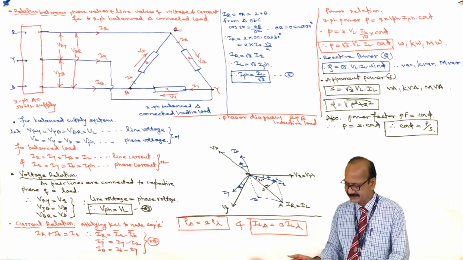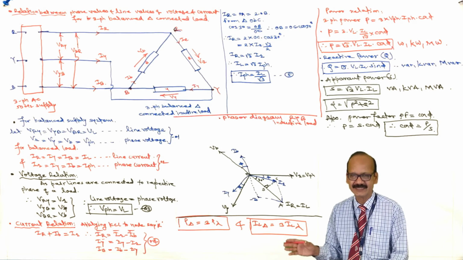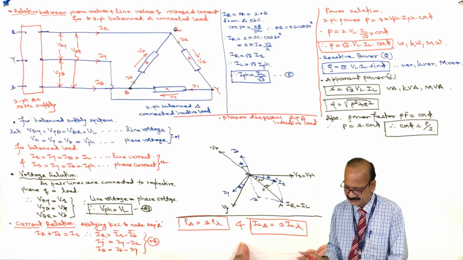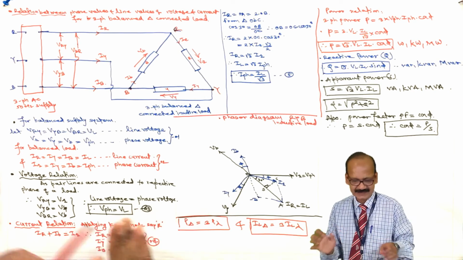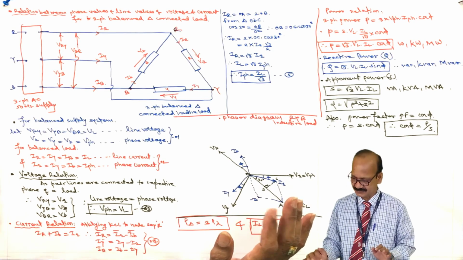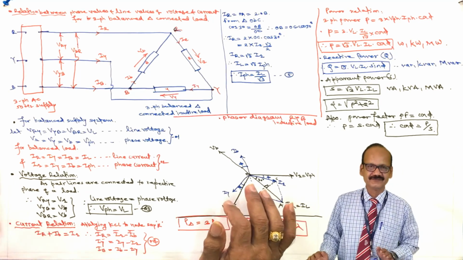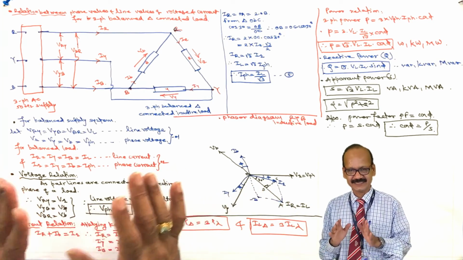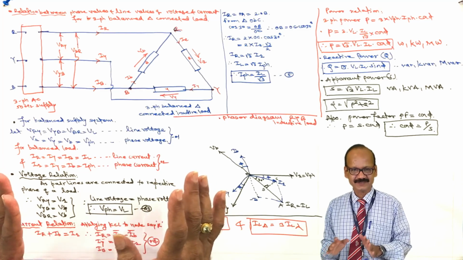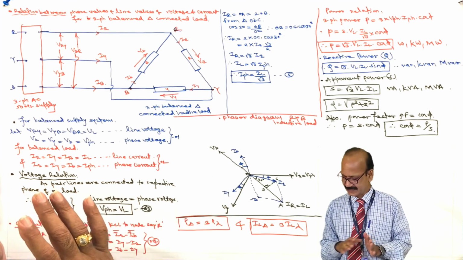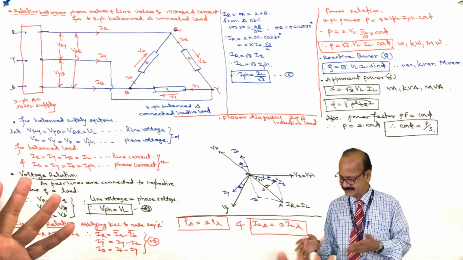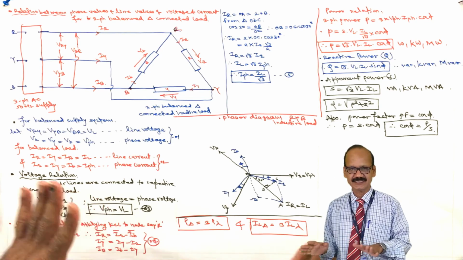We are not going to derive this equation, but we will realize after solving few numericals based on this. So power consumed in delta circuit is always 3 times the power consumed in star circuit, provided the circuit parameters remain same and the voltage remains same. And line current in delta circuit is 3 times the line current in star circuit.